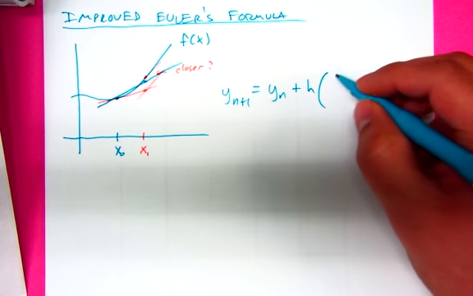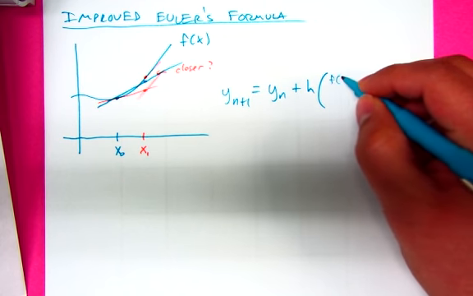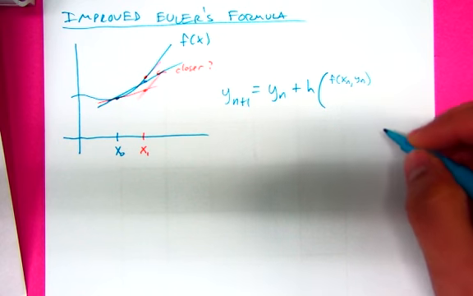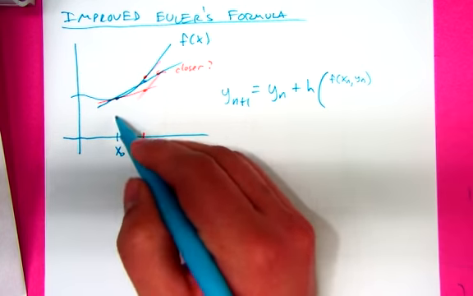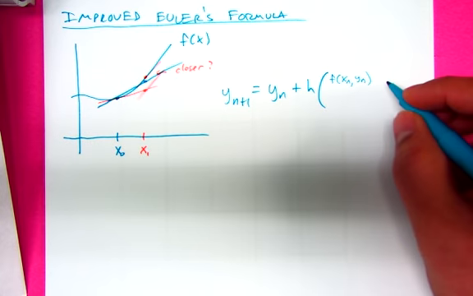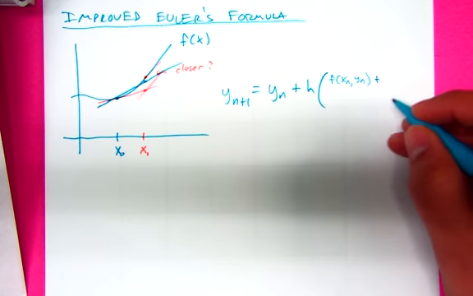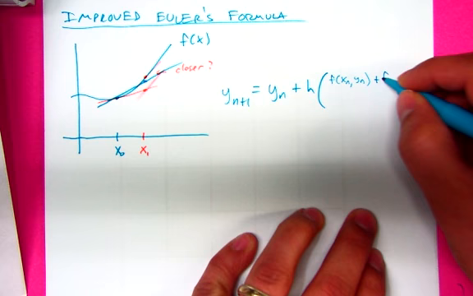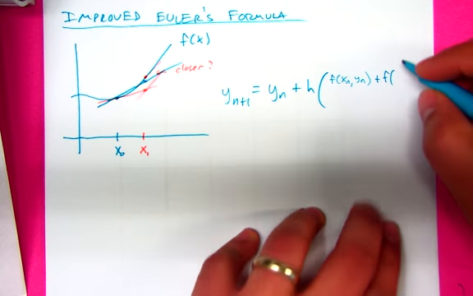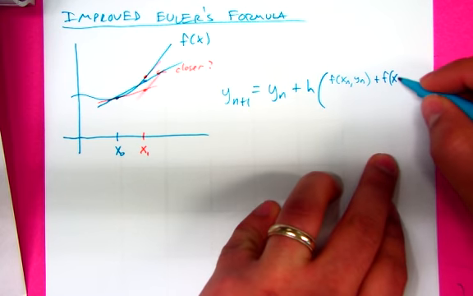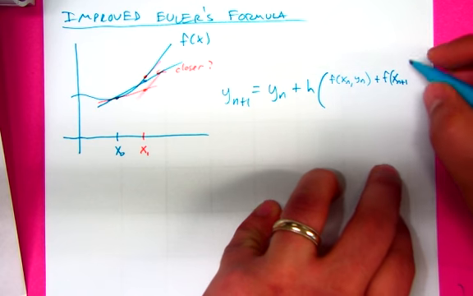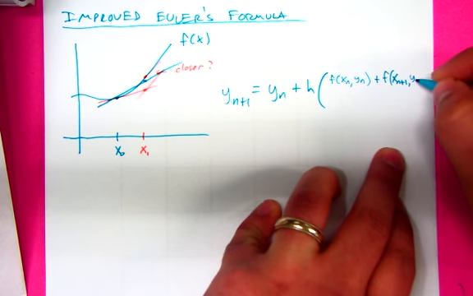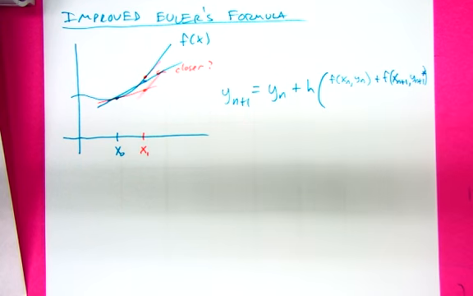So you take f of x sub n, y sub n, which would be the slope of the original tangent line at x naught, plus, now you take the next x value, plug it into the slope formula for the differential equation, and you also use what we call y sub n plus 1 star, which I'll define in a second.